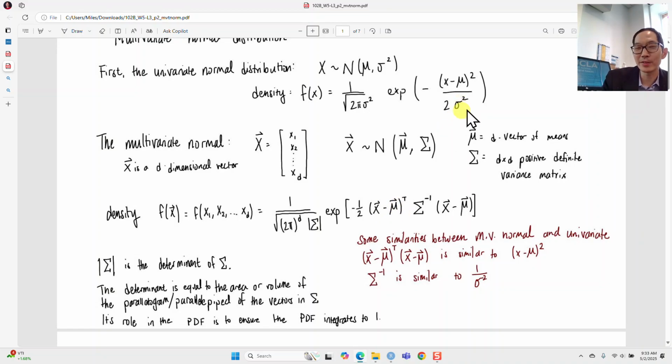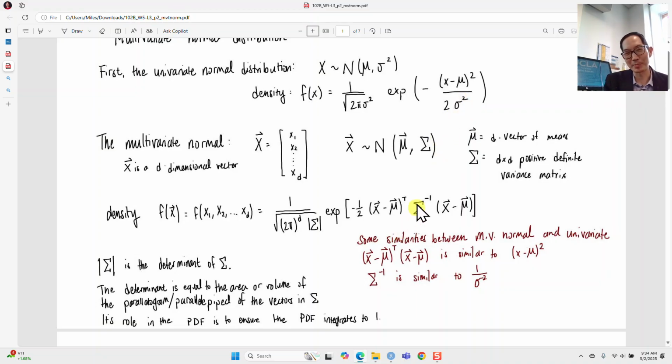And then instead of dividing by the variance sigma squared, you're multiplying by the inverse of the variance matrix, which again, in linear algebra there's no dividing by a matrix, but you do have multiplying by the inverse, which is kind of a conceptual extension of division, I guess.